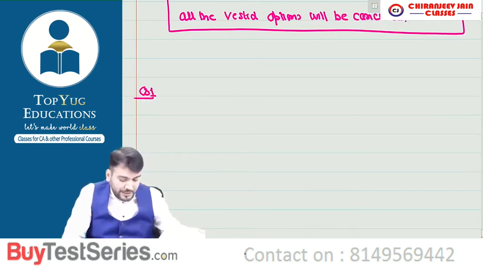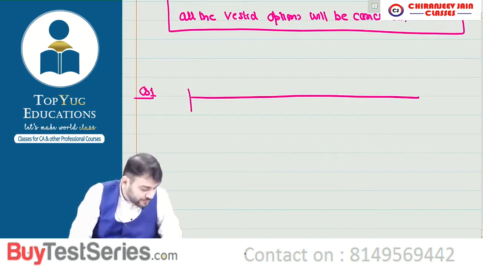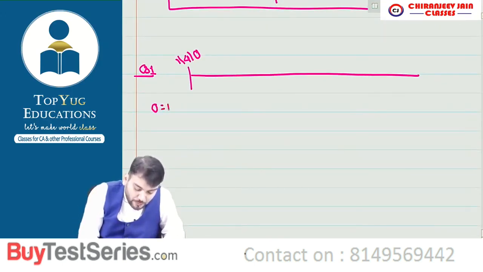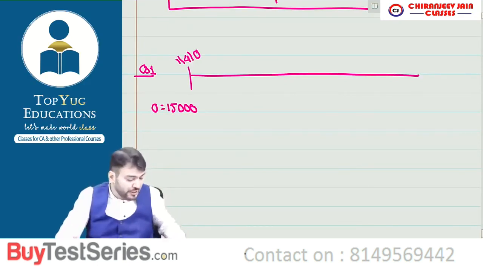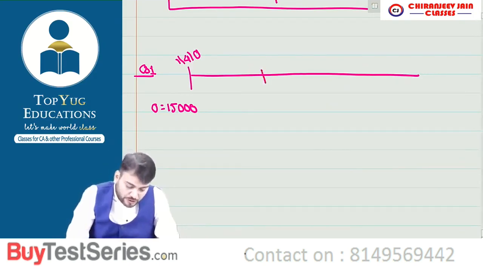Question number one. Correct. So what they said, what is the grant date? On 1st April 2001. How many options? They have given total number of options, they have not given number of employees. They said this many options are there for all the employees. Correct. And exercisable on 31st March 2004. So this is 2001.